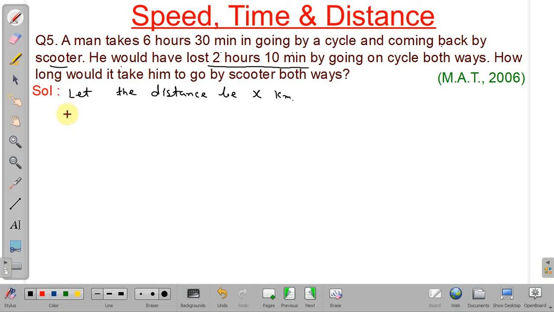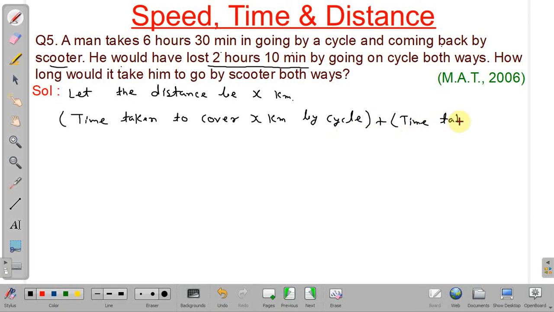Now it is given the time taken to cover x kilometers by cycle and while returning by scooter, the time taken to cover x kilometers by scooter, is 6 hours 30 minutes.